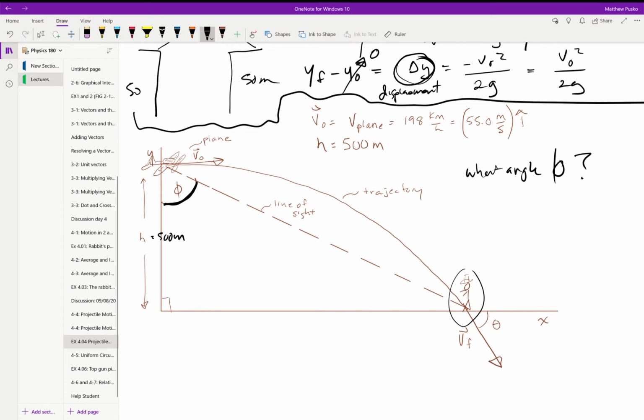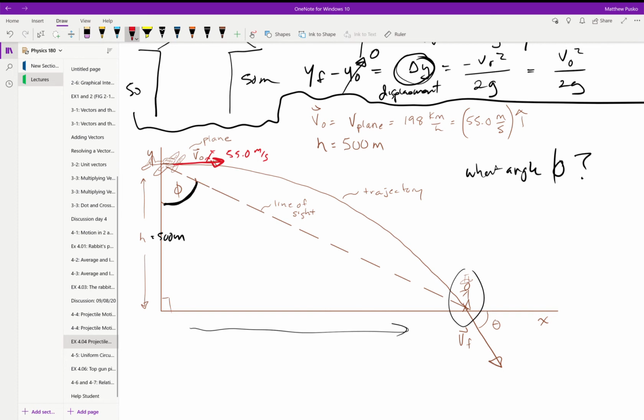They don't tell us anything about this distance, but they tell us that the plane is moving with a constant velocity. That velocity is in the x direction only, and it is equal to 55.0 meters per second. They worked it out for us.